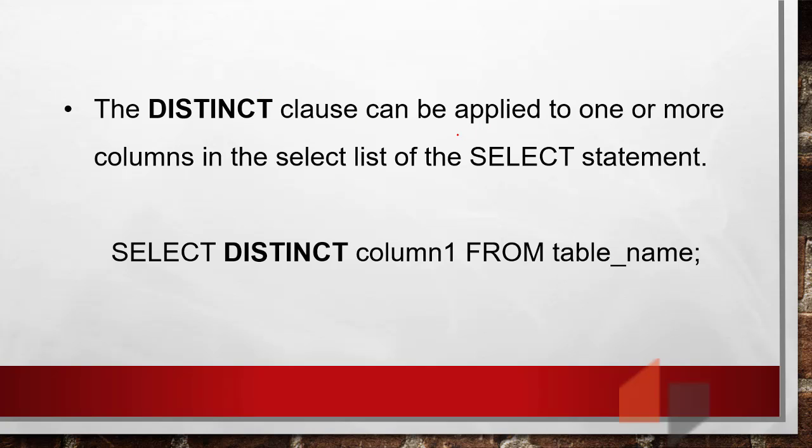So that is when we can use the distinct keyword. The distinct keyword clause can be applied to one or more columns. You can apply it not just to one column, you can use multiple columns. For example, we have select distinct column 1 from table 1. If you want to apply distinct to multiple columns, you need to use a bracket here.